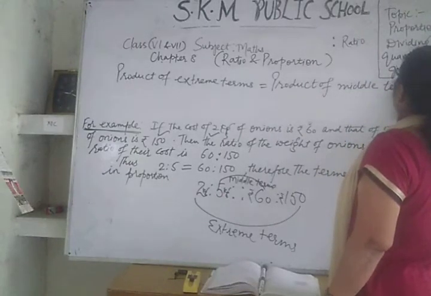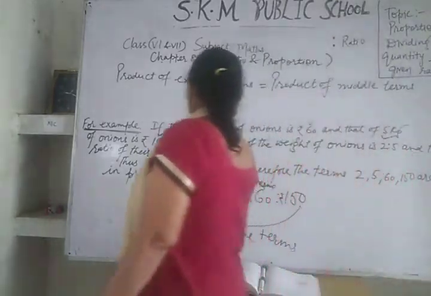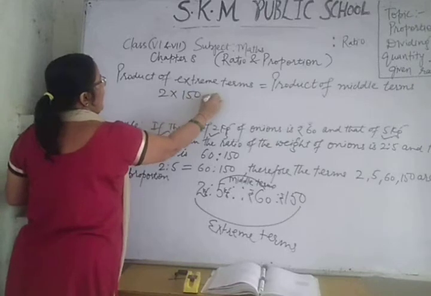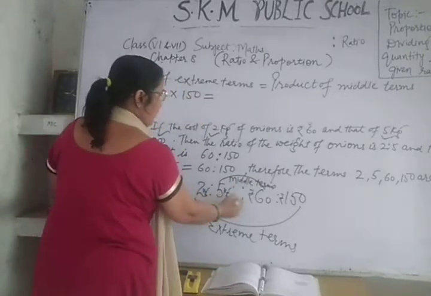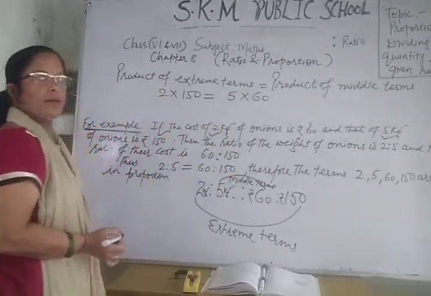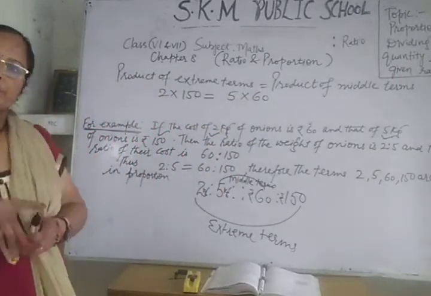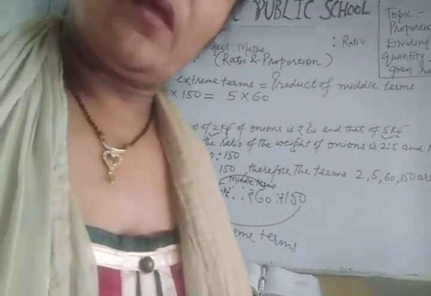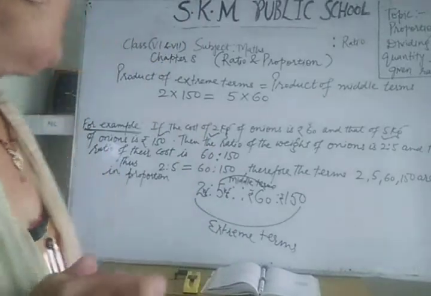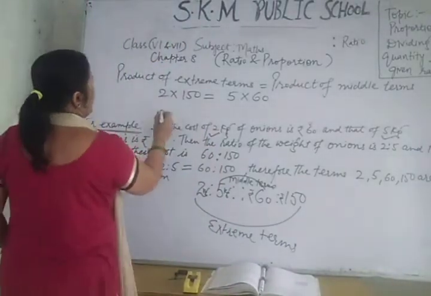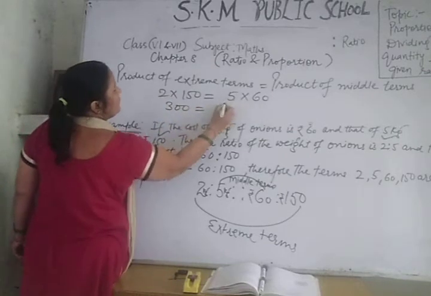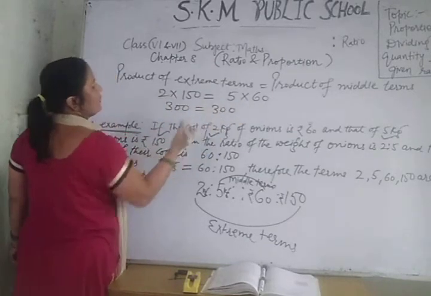Here the extreme terms are 2 and 150, and the middle terms are 5 and 60. Product means multiply. So when multiplied, we get 300 and 5 times 60 is 300 only.